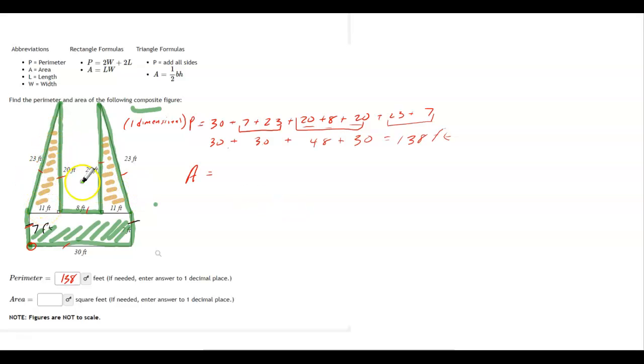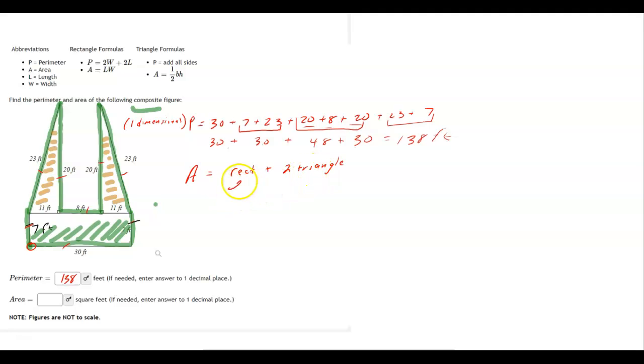So we could just do double the area of the triangle instead of doing that two different times, right? So let's do that. The area is the area of the rectangle plus 2 times the area of one of the triangles, since they're congruent triangles.